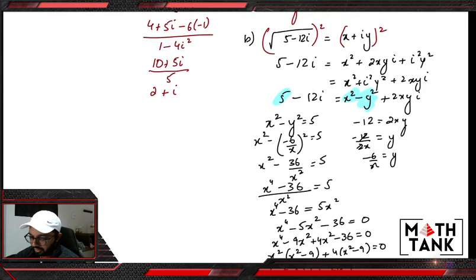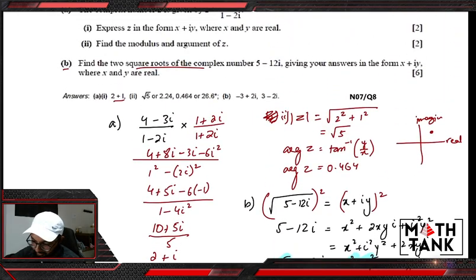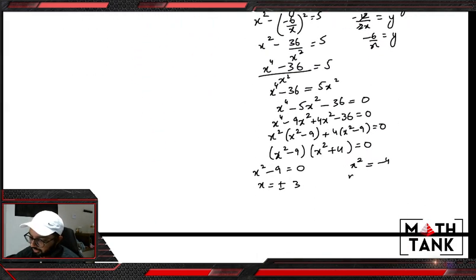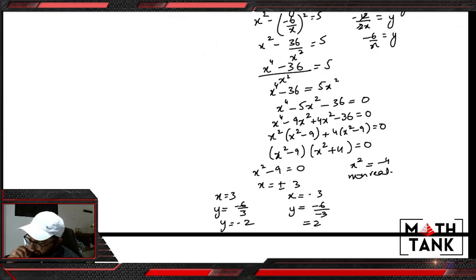Now I don't want to go on and calculate x squared equals minus 4 because it says where x and y are real numbers, so this becomes non-real, therefore it's discarded. I just need to consider the real ones, 3 and minus 3. When x is 3, y should be minus 6 over 3, which is minus 2, and here minus 6 over minus 3, which should be 2.